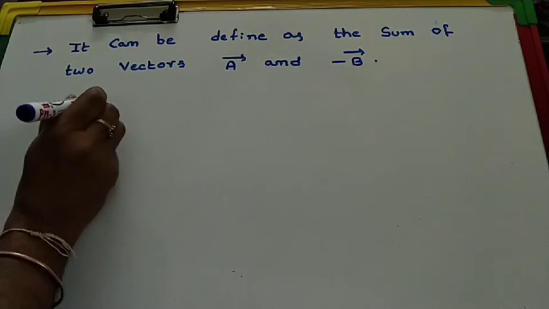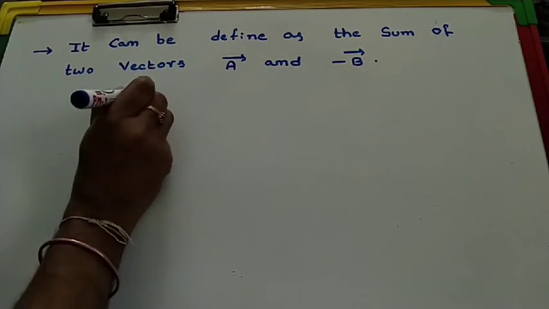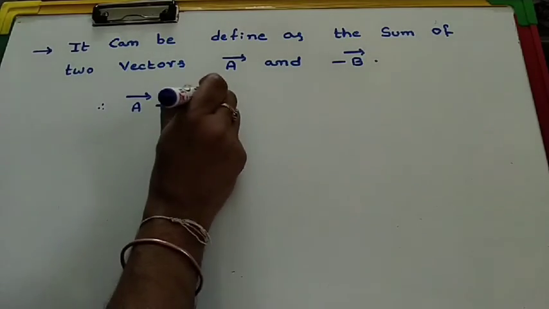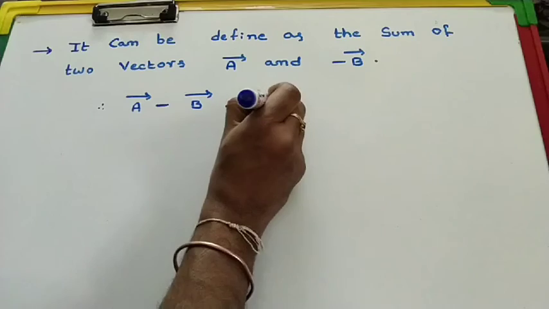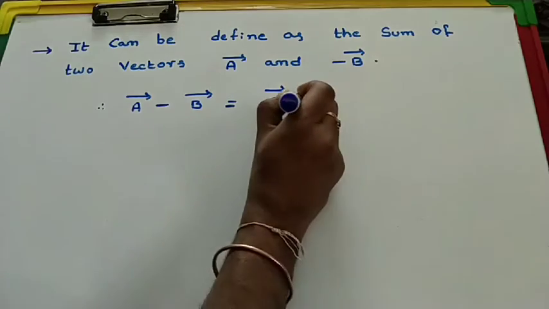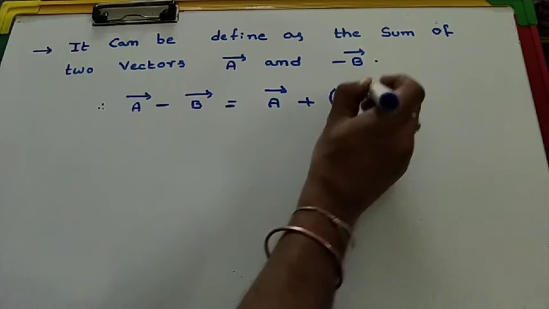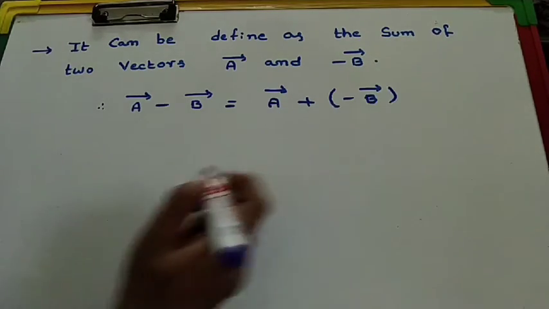Now, therefore, A vector minus B vector is equal to A vector plus of minus B vector.